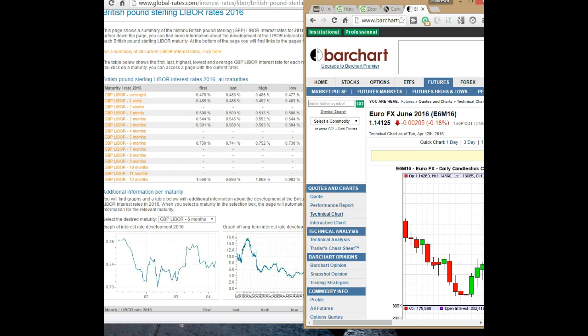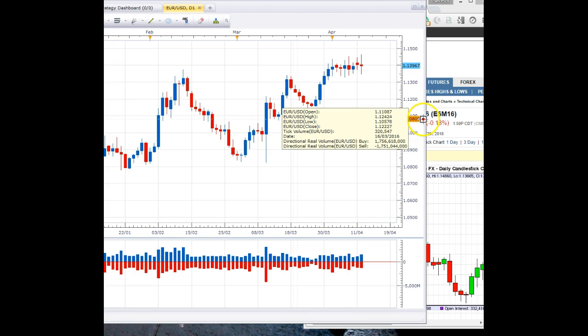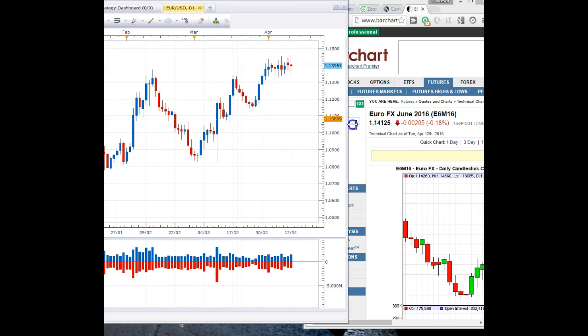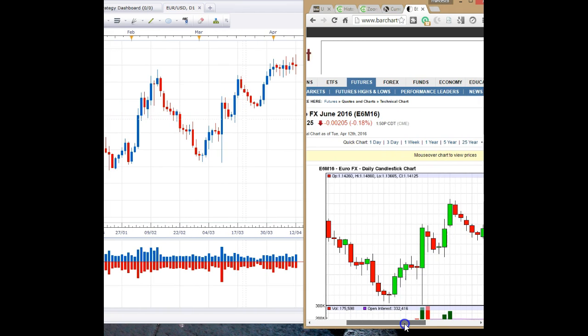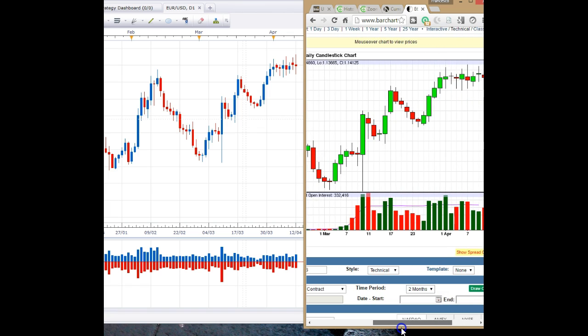And what I'm going to show you is comparing these two. On the one side I have the EURUSD, and I've added an indicator at the bottom. This is the directional volume.